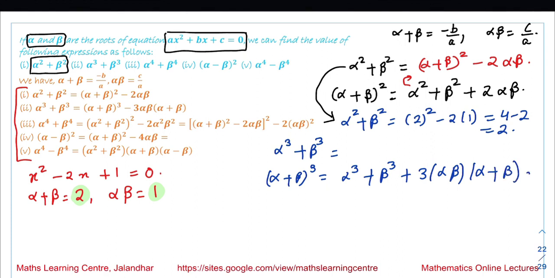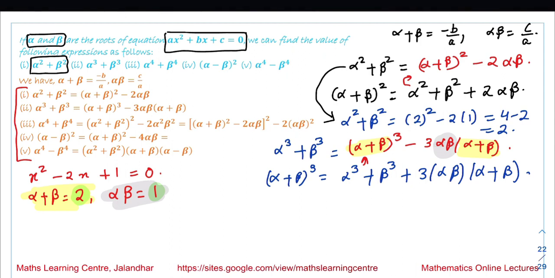So this gives us that alpha³ + beta³ is (alpha + beta)³ - 3 alpha beta (alpha + beta). You substitute these values over here. Alpha + beta we know, alpha into beta is 1, so you will get the answer.